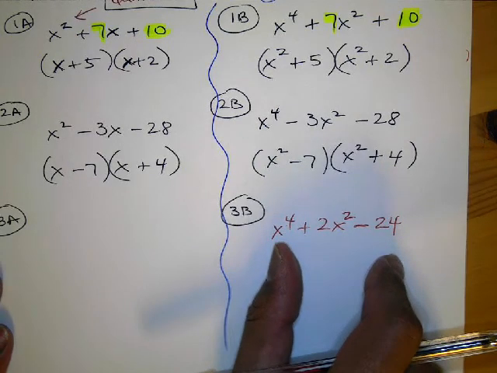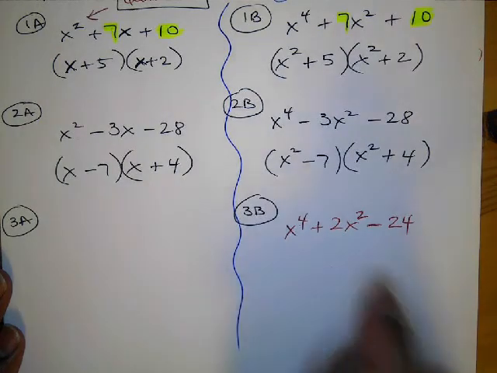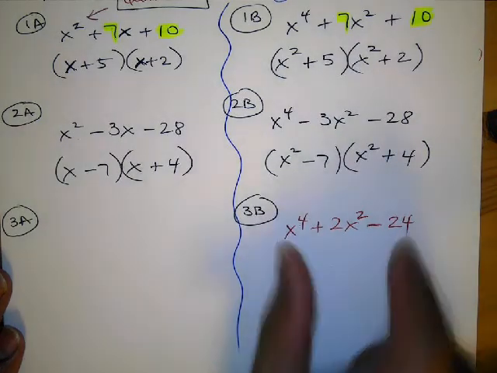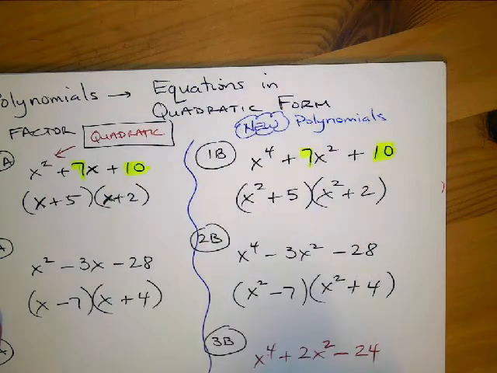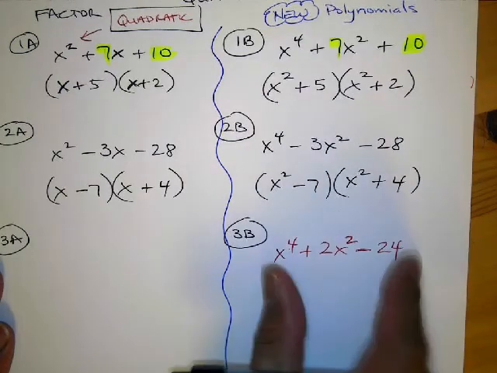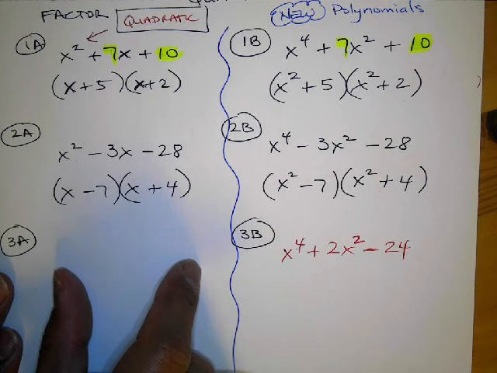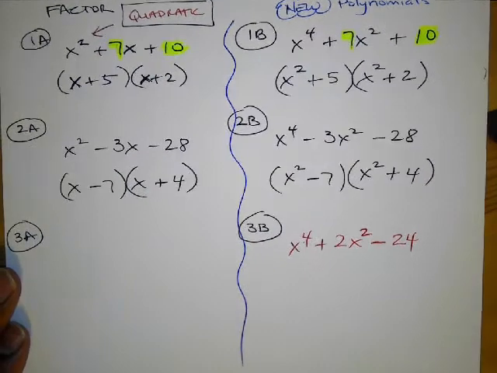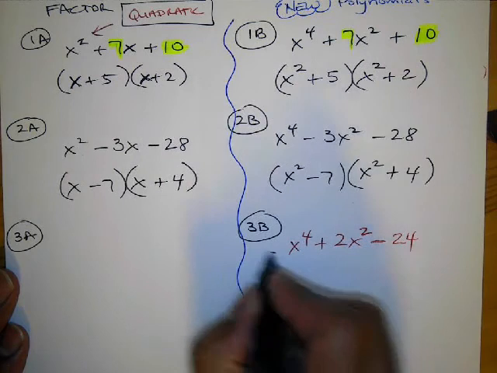When you have this problem, I don't want you to do this problem. I want you to do on the side somewhere, I want you to look at this as a quadratic. Why do you think this is called equations in quadratic form? Right? Don't try to learn something new. Just take it to something that you already know how to do, and then work it out that way.